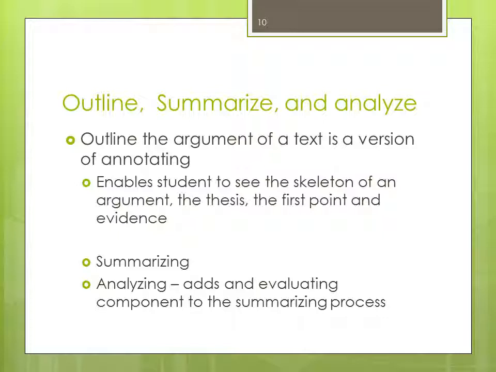So outlining the argument of a text is part of annotating, and can be done quite informally in the margin of the text, unless you prefer the more formal Roman numeral model that you may have learned in high school. But outlines enable you, the researcher, to see the skeleton of an argument: the thesis, the first point and evidence, through the conclusion.